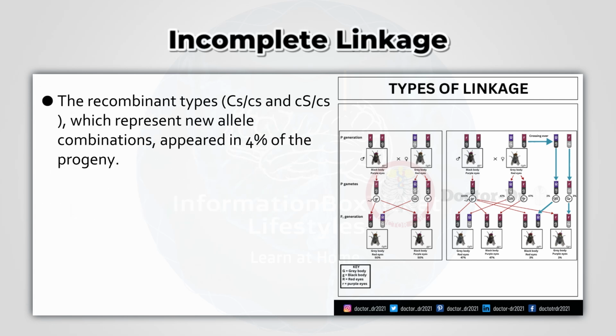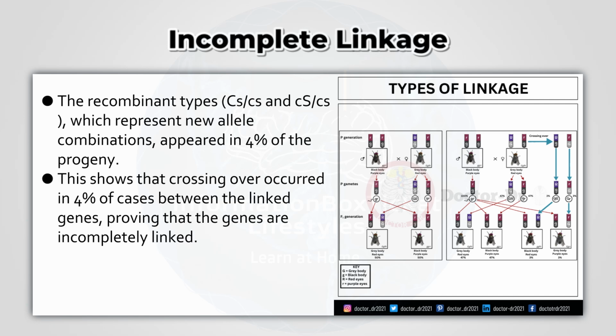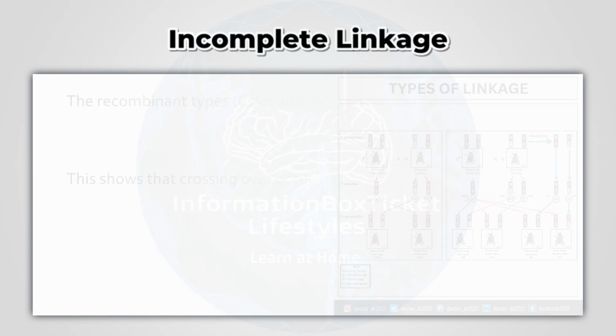The recombinant types, Cs/cs and cS/cs, which represent new allele combinations, appeared in 4% of the progeny. This shows that crossing over occurred in 4% of cases between the linked genes, proving that the genes are incompletely linked.